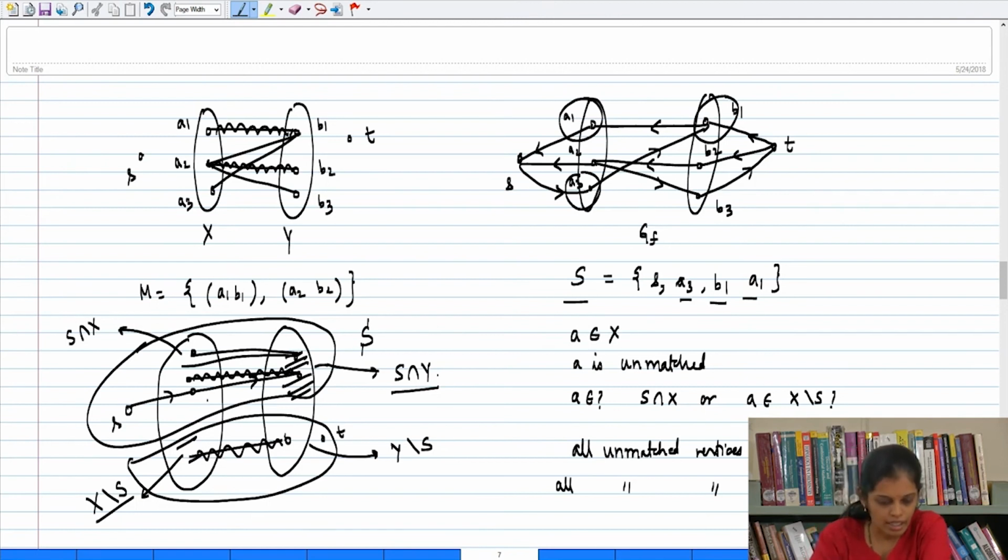I will look at the vertices which are here and here, that is X minus S and S intersection Y. If I pick up only vertices from here, remember that all the vertices here were matched. We have argued that unmatched vertices on the X side must sit in the above part, and unmatched vertices on the Y side must sit in the part which is below. So all the vertices in these two sets are matched.